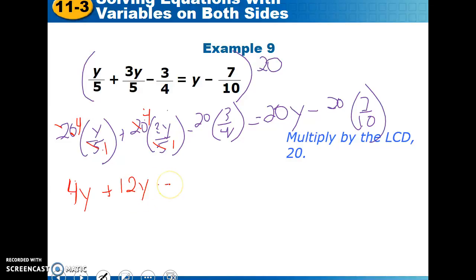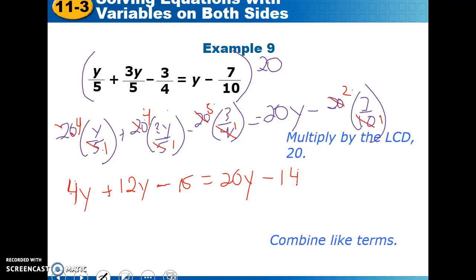Okay, here we're subtracting. 20 and 4, divide them both by 4, that's 5. 5 times 3, that's 15, equals 20 times y is just 20y. Simplify before I multiply, that's 1, that's 2, divide them both by 10. 2 times 7 is 14.